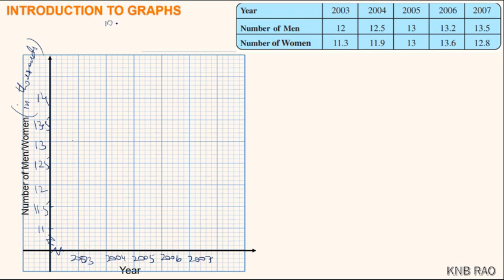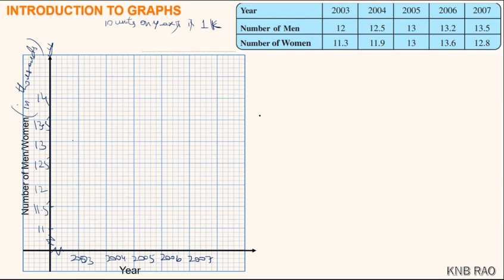So 10 units on y axis is 1000. I have written in the form of k.